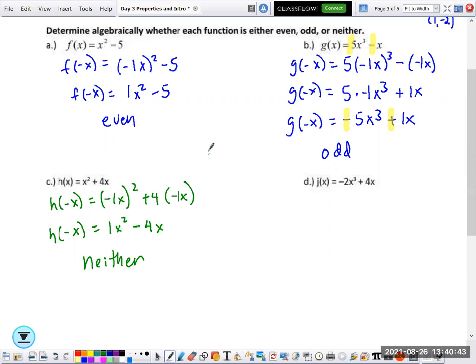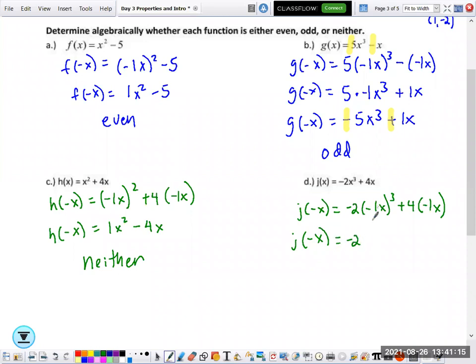So we've had one of each. Let's see how the next one turns out. So negative 2, negative 1x cubed plus 4. So go ahead, pause the video, go all the way to the end, make a decision: even, odd, or neither. Okay, at this point, you should have tried it on your own.